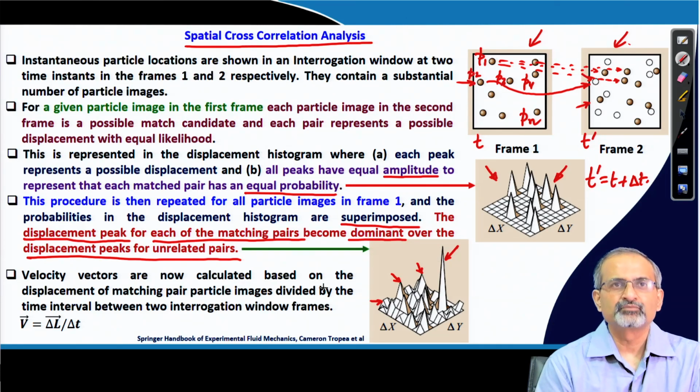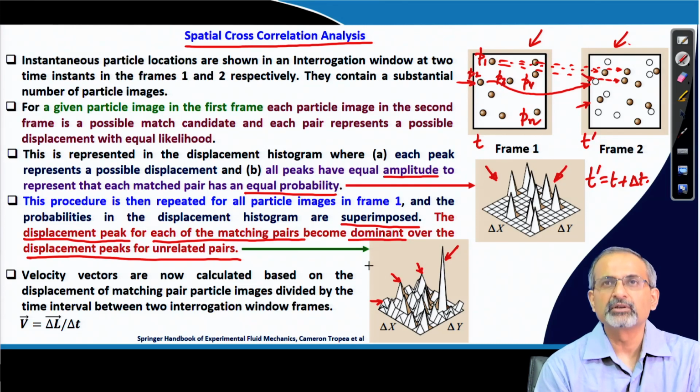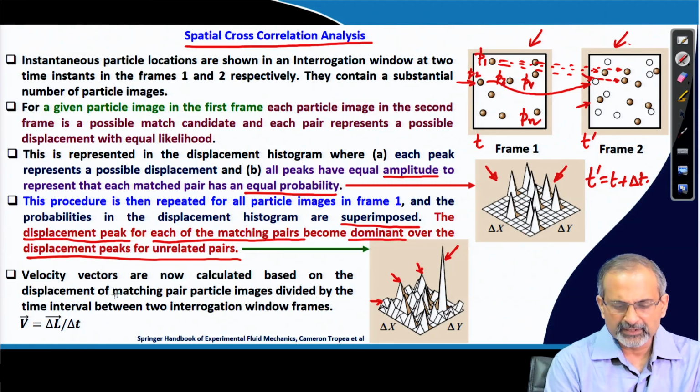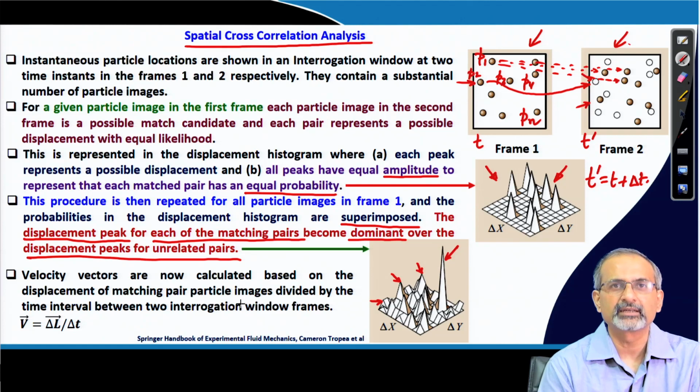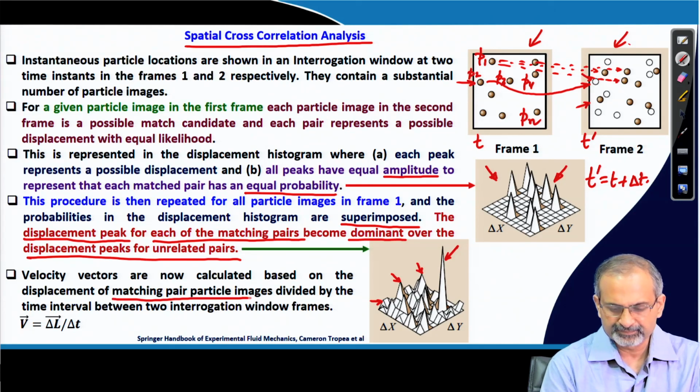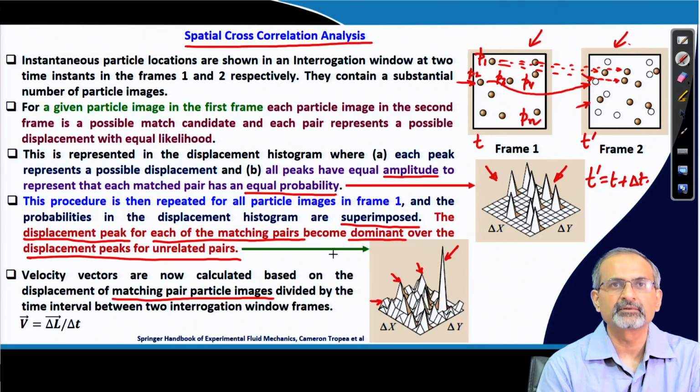Based on that, you can now develop the velocity vectors by picking those peaks which are the dominant ones, and therefore mapping the initial position of a particle to the subsequent position between the two frames. Velocity vectors are now calculated based on the displacement of matching pair particle images divided by the time interval between two interrogation window frames.